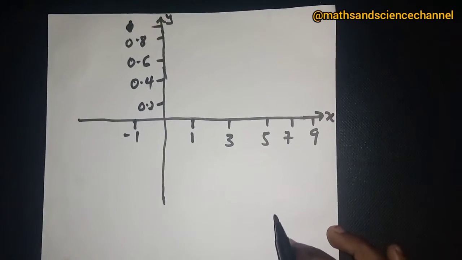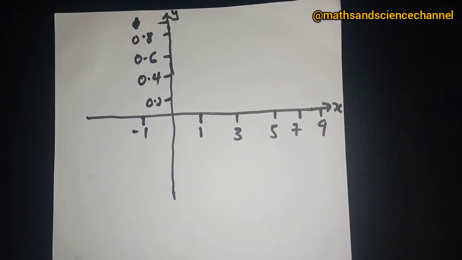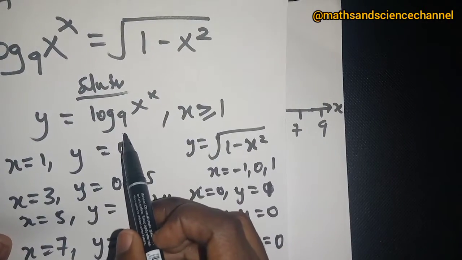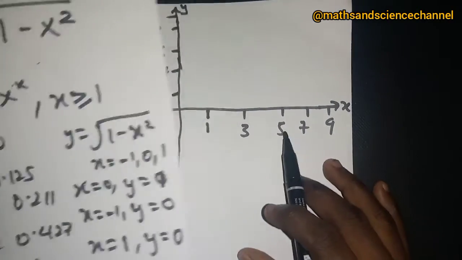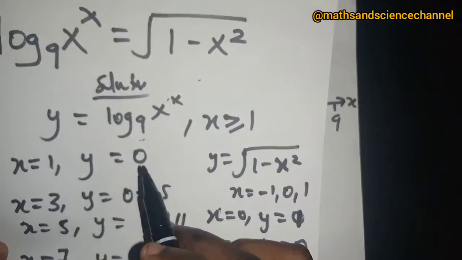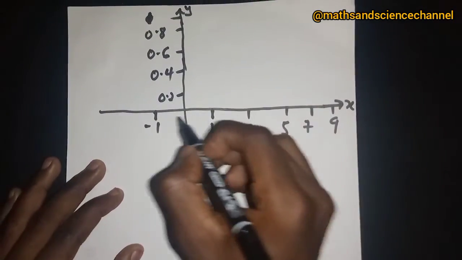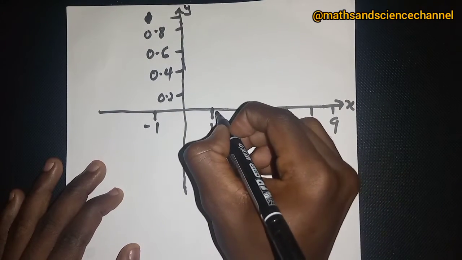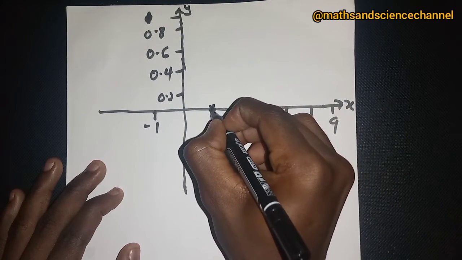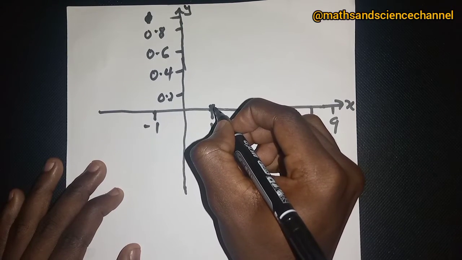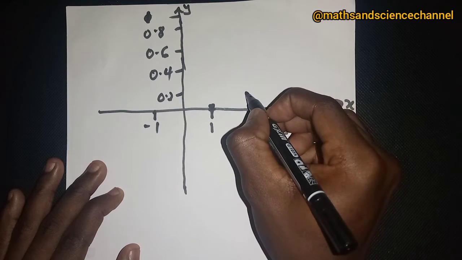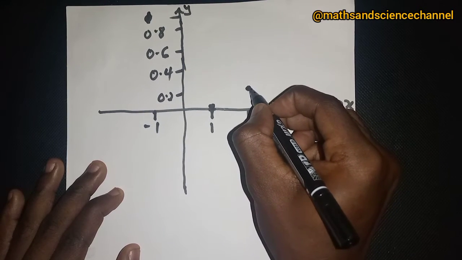So in graphing this function, let's take the first one, log base 9 of x. When x is 1, y is 0, so we have 1 here. Then when x is 3, y is 0.125, somewhere here.